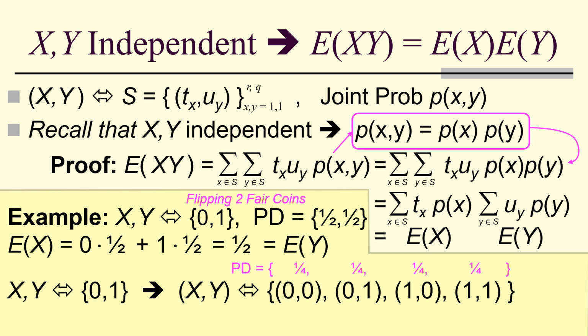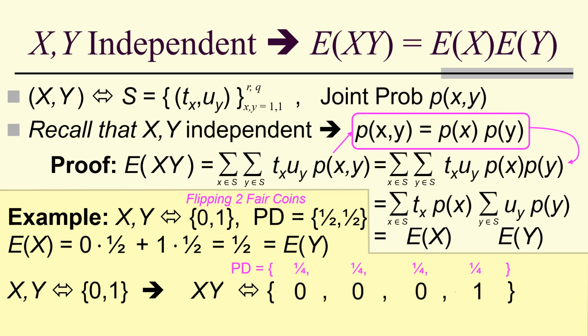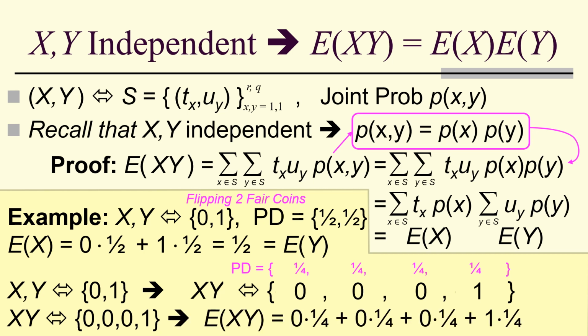And when I take the probability distribution for those pairs, it's a fourth, a fourth, a fourth, and a fourth, because X and Y are independent. If I take the product, then XY is associated with the set 0, 0, 0, and 1, respectively. So the expected value of XY is a fourth, which is the product of E of X and E of Y.